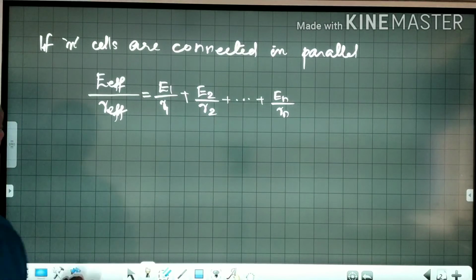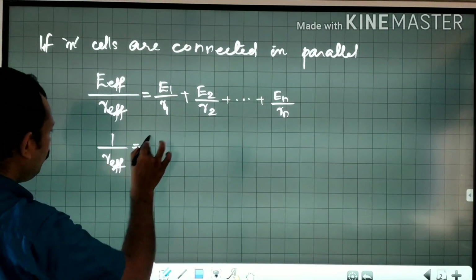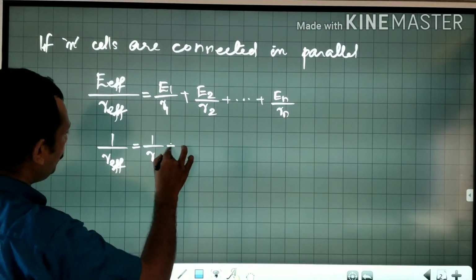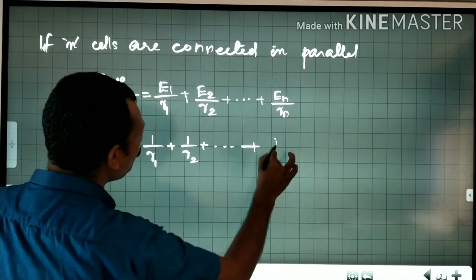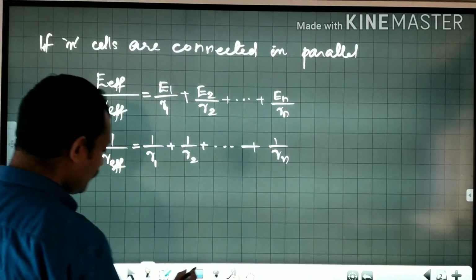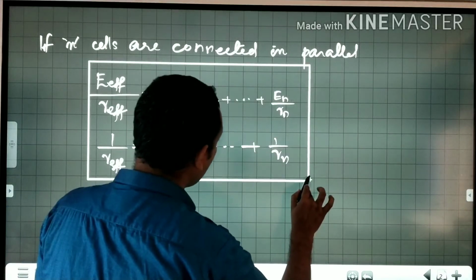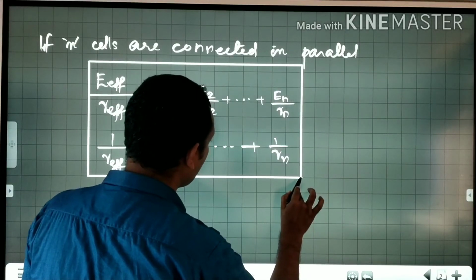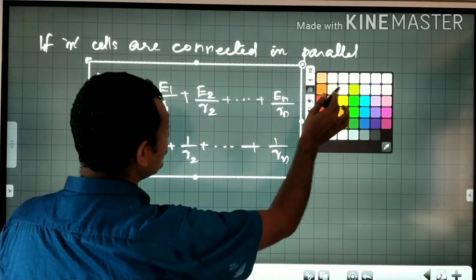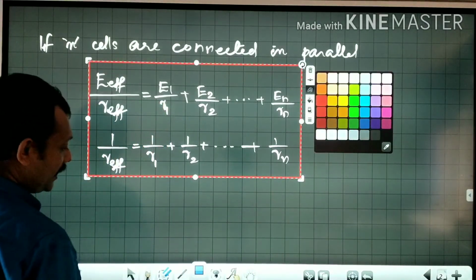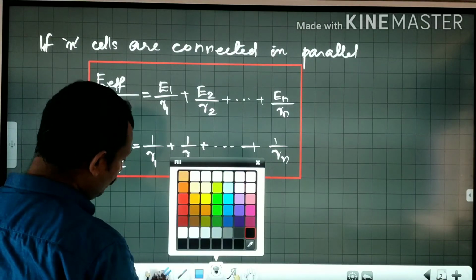This is the answer. And 1 by R effective is equal to 1 by R1 plus 1 by R2 plus etc. plus 1 by Rn. This is a very important formula you need to make a note of and understand regarding connecting cells in parallel.